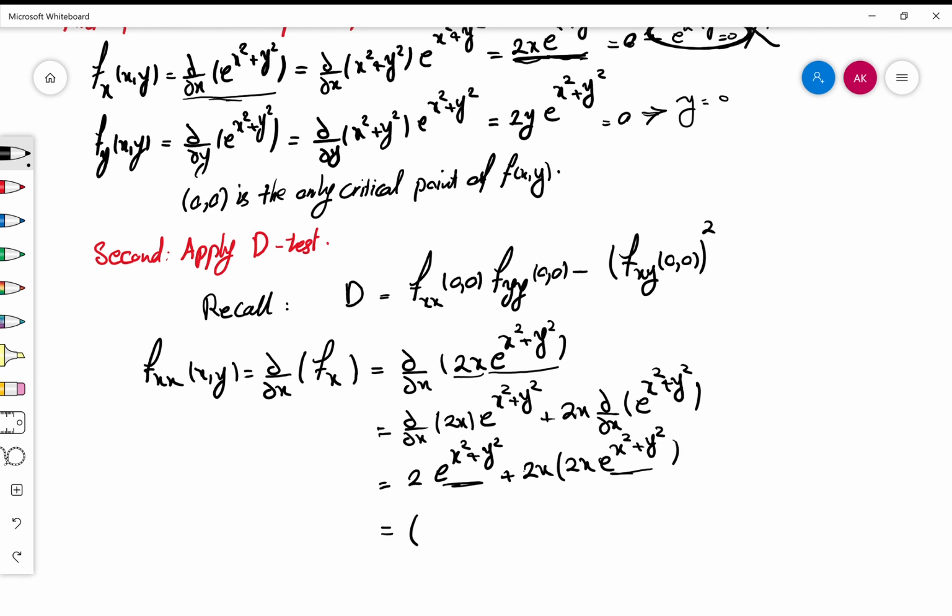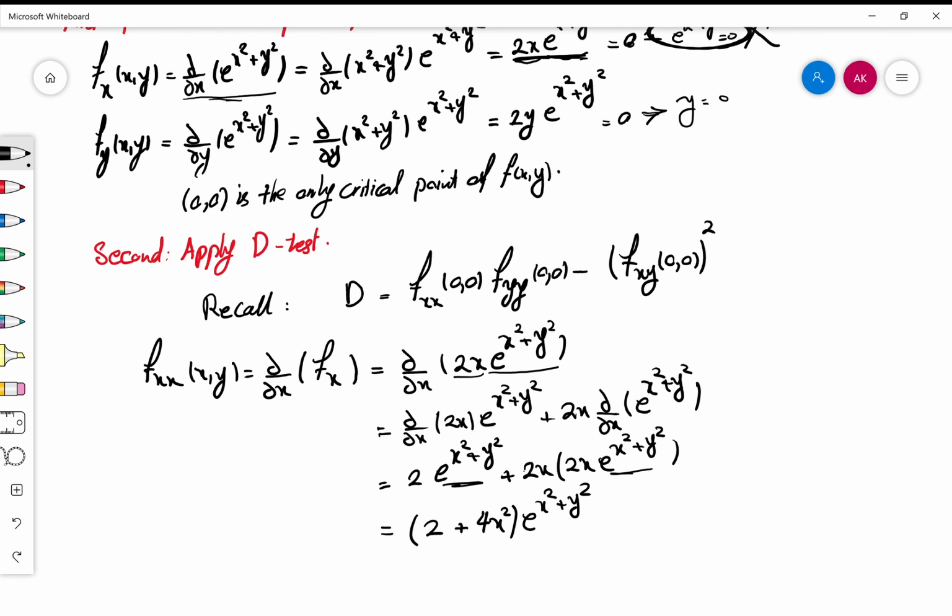So let's just factor it out and put here the remaining part will be 2. Here the remaining factor would be 4x squared e to the power x squared plus y squared. Excuse me. And that's fxx.